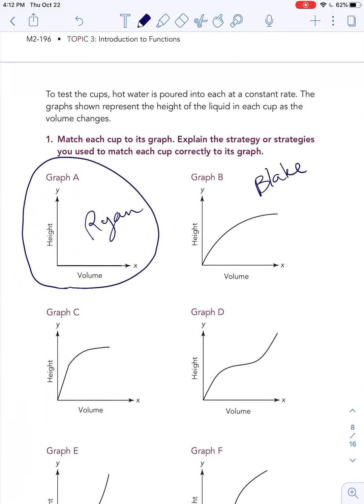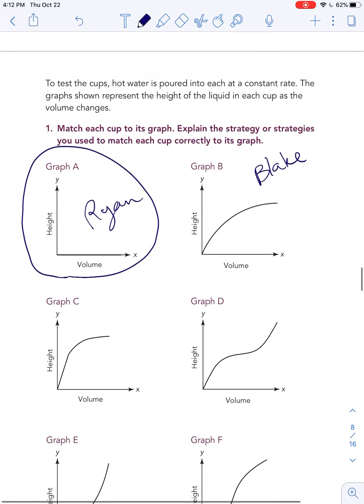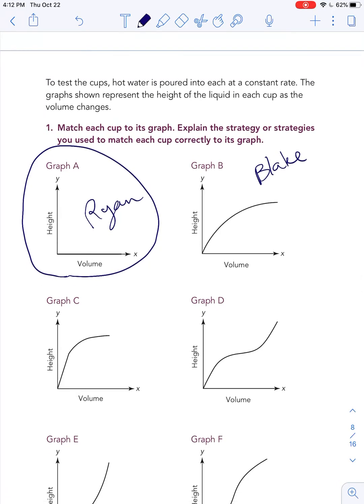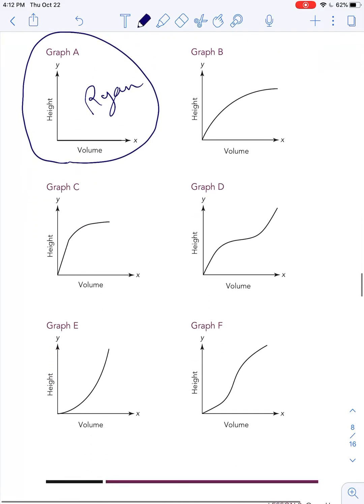And then this one, C. Oh, I don't know. Maybe I want to take that off of Blake because look at this one. This one is super quick and then almost stays the same.